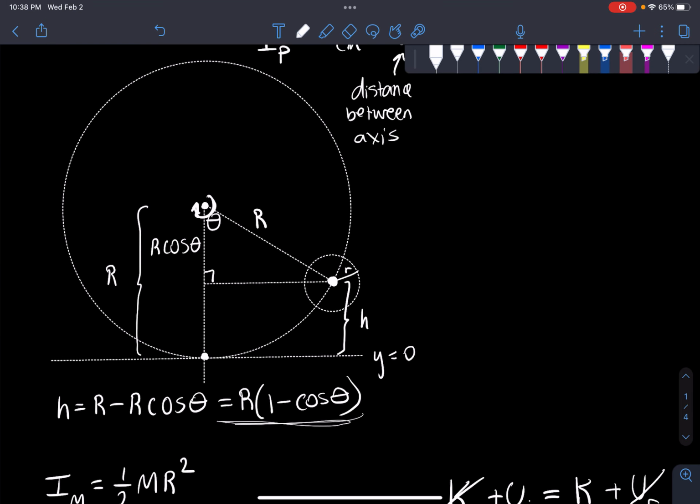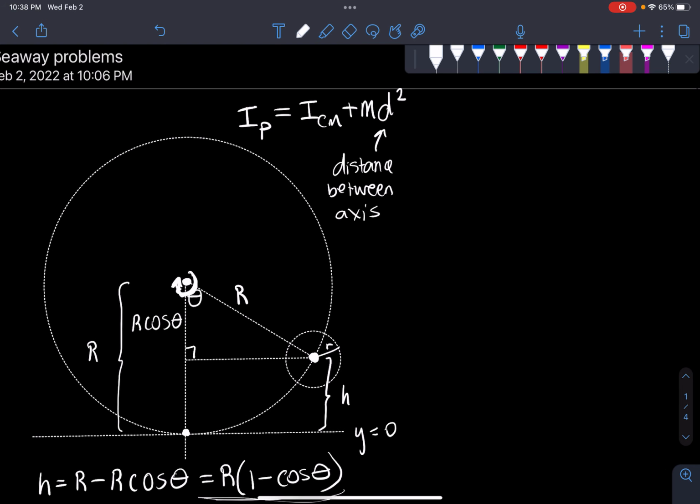When thinking about torque, we need to pick an axis of rotation, which we kind of already picked here, but this is a very convenient one because, if you remember, torque as a vector is defined to be the cross product of the position vector crossed with the force vector.